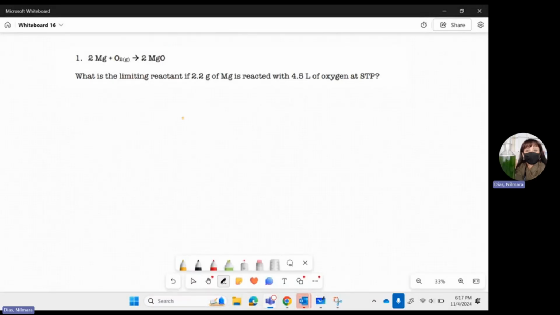So let's read this problem and think about the limiting reactant. We already talked about the limiting reactant: it is the one that will limit the production.